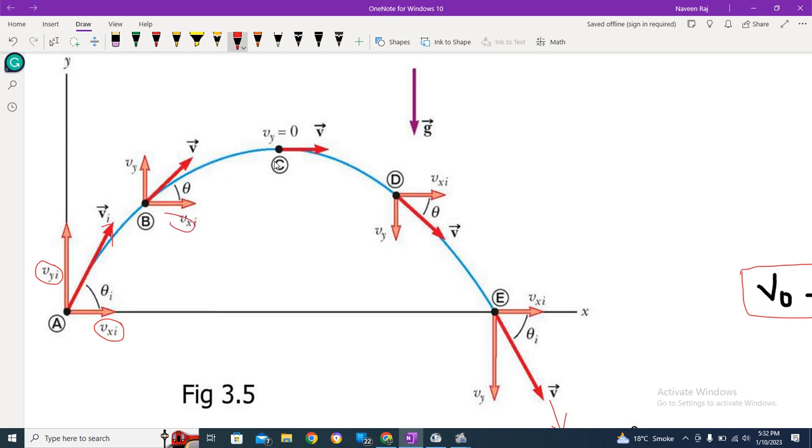At the peak point you can see that is the position where the ball stops rising, and vy over here is 0, and gravity is playing its role downward. Again, we have resolution of vectors throughout the projectile motion, and with the help of this we will be deriving more formulas of horizontal and vertical motion.